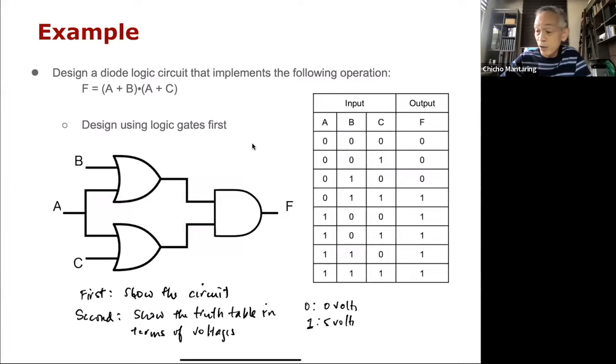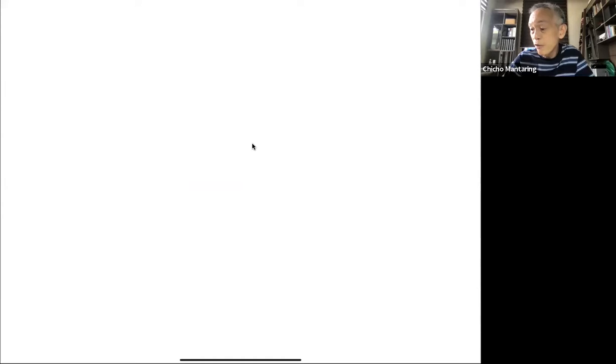I have here another OR gate. So diode logic. So this is my first OR gate. And then this is my second OR gate.